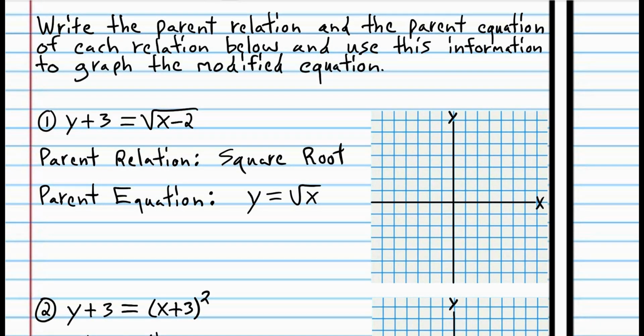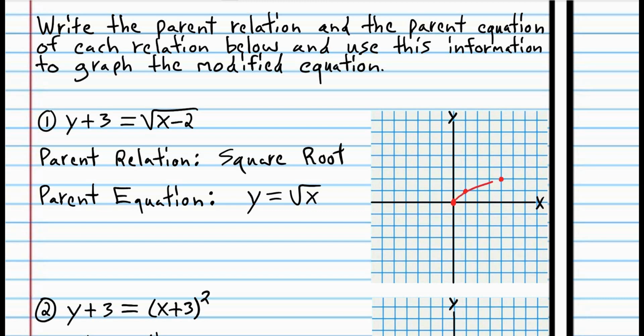So let me show you how this works. If you graph this parent equation, it's going to look like so. We have a reference point at 0, 0, and we have a reference point at 1, 1, and we have a reference point at 4, 2.